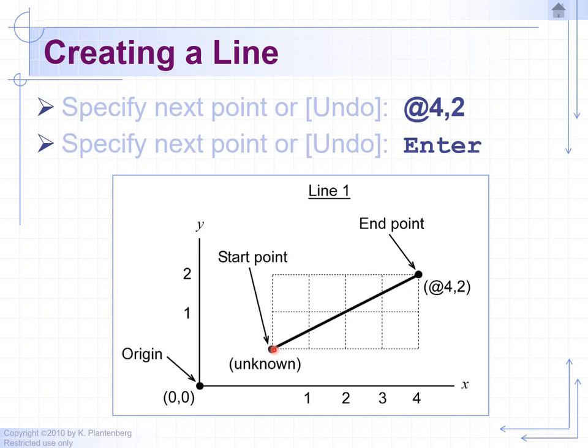And to locate our second point, instead of using the origin as our reference point, we're going to use our first point as our reference point to locate it. So we're going to type in @ so that lets AutoCAD know that we're going with respect to our last point defined. 4, so that'll go 4 in the x direction, 4 units, comma, 2, and it'll go vertically up 2 units, and enter, and it'll locate our second point and generate the line.